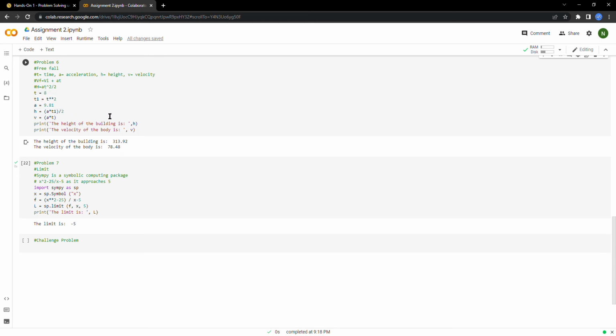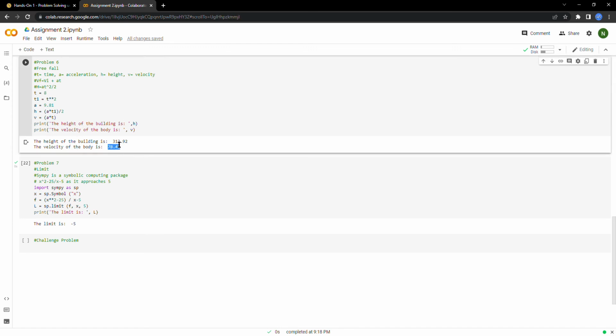So h equals a times t1 divided by 2, and v equals a times t. Print the height of the building and the velocity of the body. The height of the building is 313.92 meters. The velocity is 78.48 meters per second. So this is the final answer.